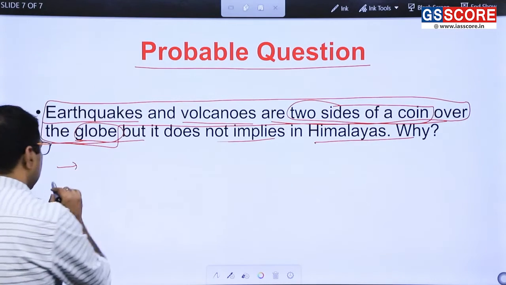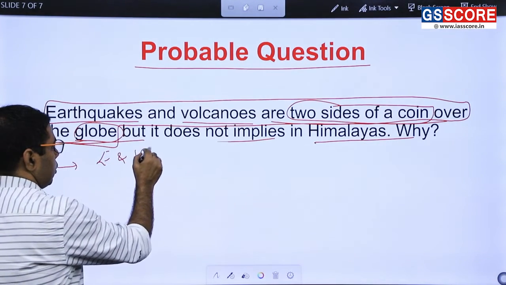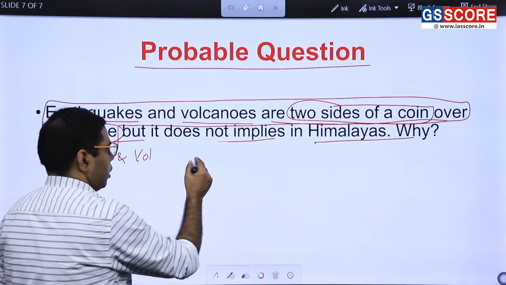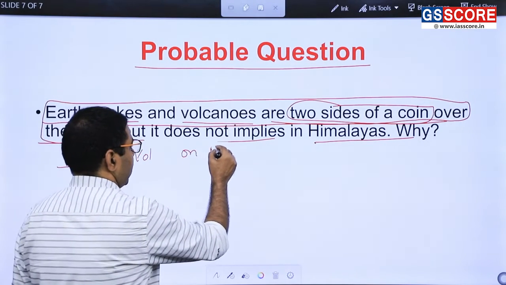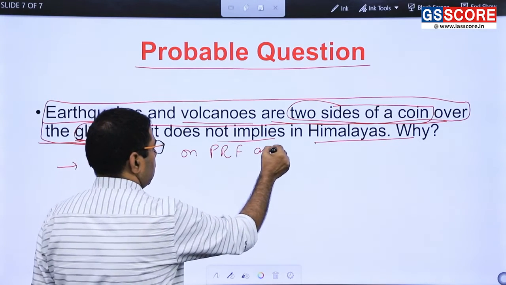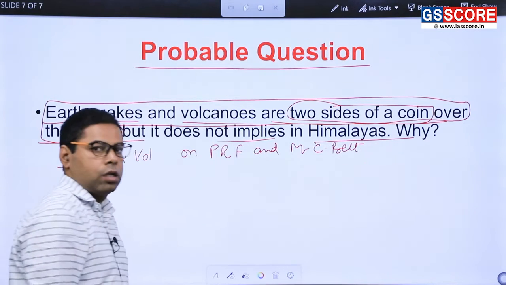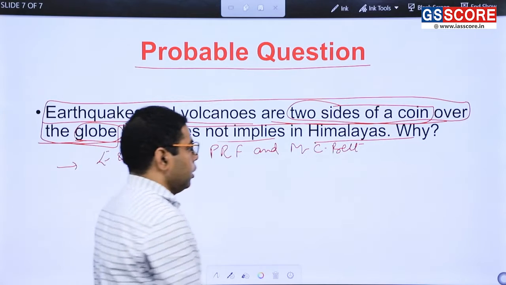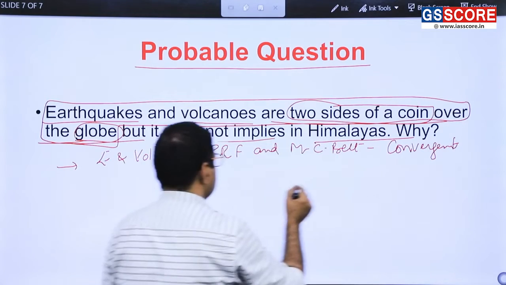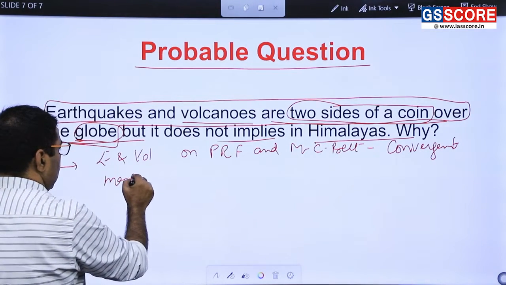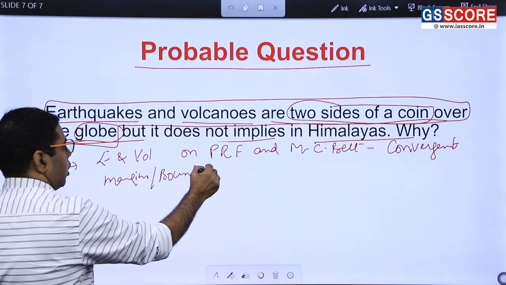You will write here that both earthquake and volcano occur simultaneously, at the same locations, on the Pacific Ring of Fire and the mid-continental belt, right, under the effect of convergent margins or boundaries, right?